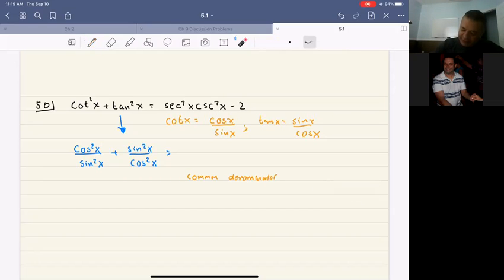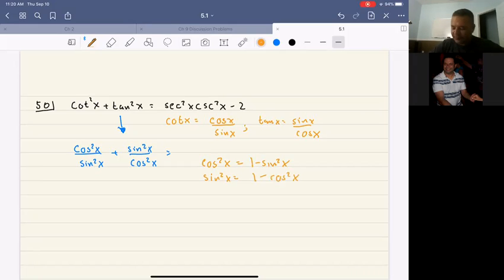Actually, I'm not going to common denominator this thing. I got a better way, third time around actually. Let's take cosine squared of x equals 1 minus sine squared of x, and sine squared of x equals 1 minus cosine squared of x, and this is going to be in the numerators.